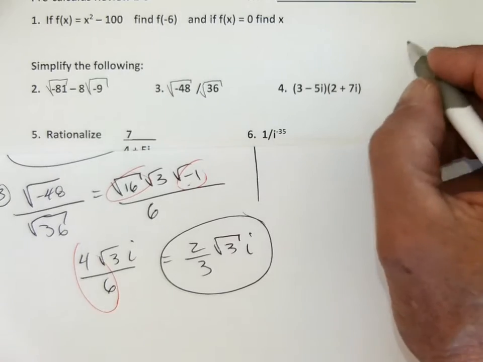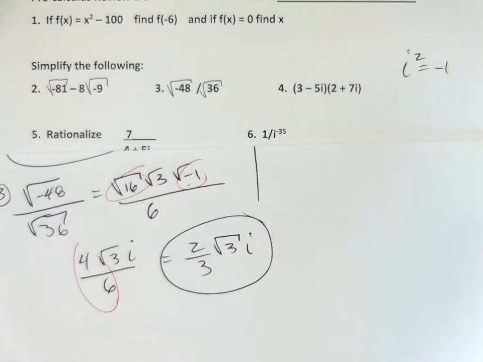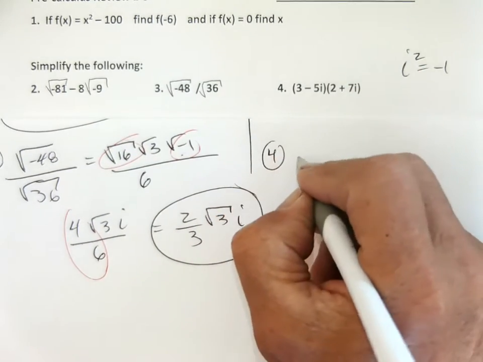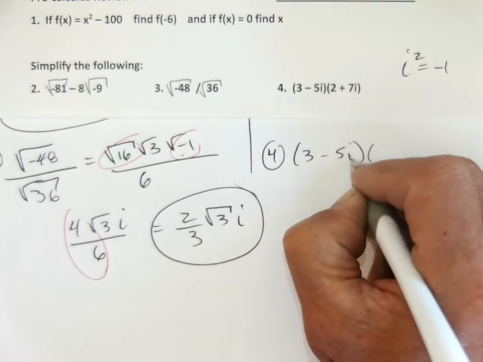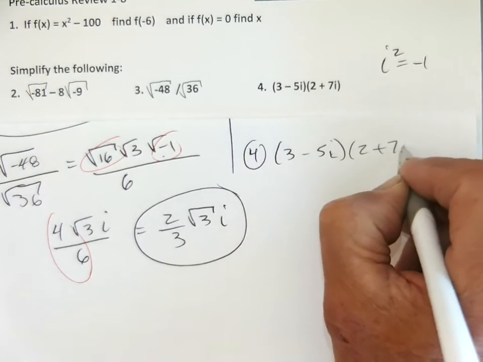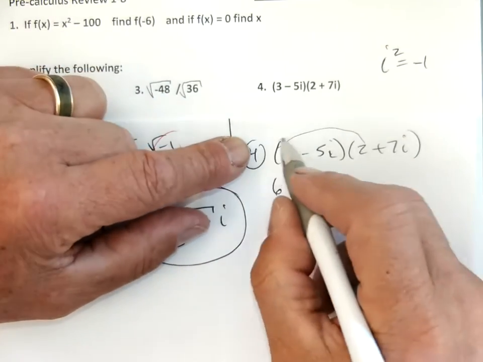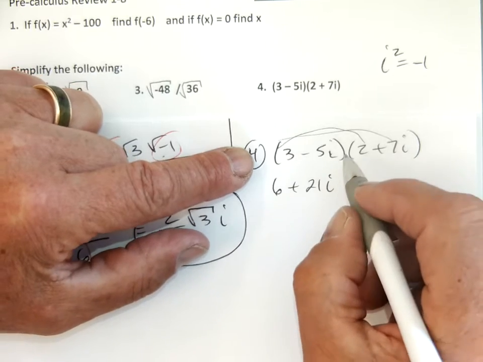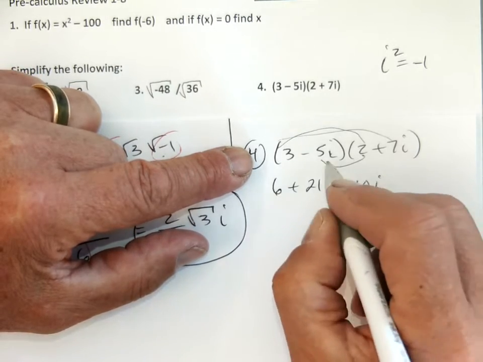I'm going to FOIL, but before I FOIL I have to remember, obviously, i squared is negative 1. I'm going to need to know that. So on 4, I've got my 3 minus 5i times my 2 plus 7i, and I'm going to multiply that times that. 6, 3 times a 7 is a 21i. Negative 5i times 2 is negative 10i.